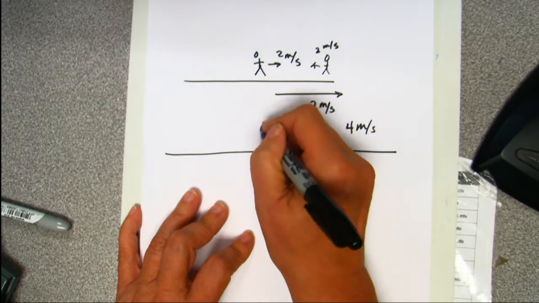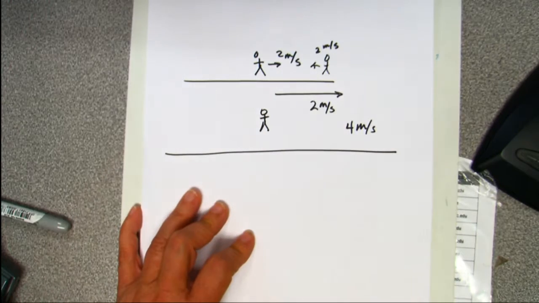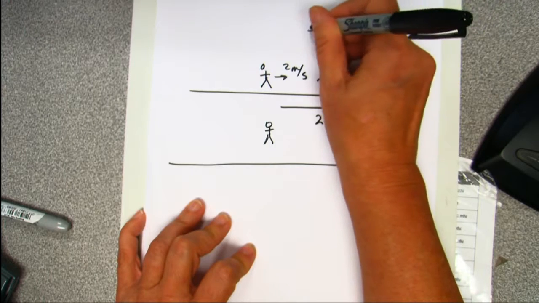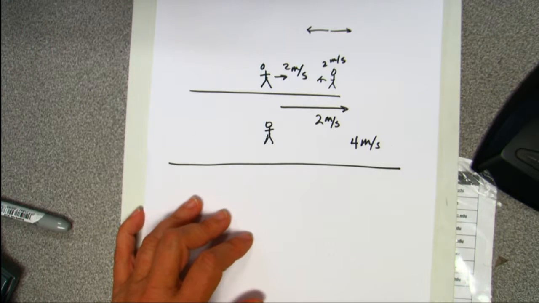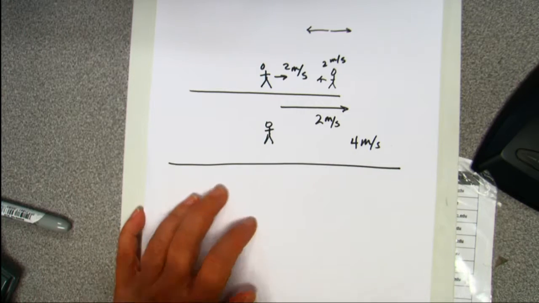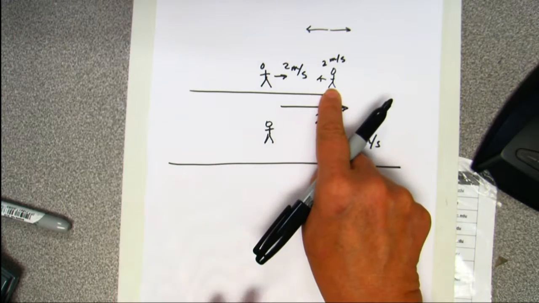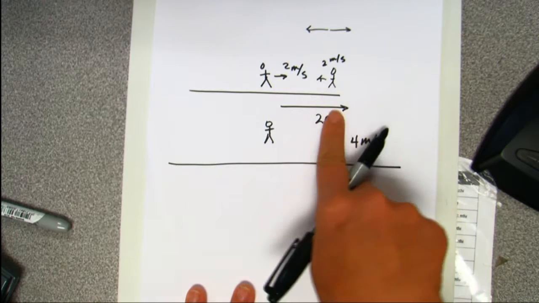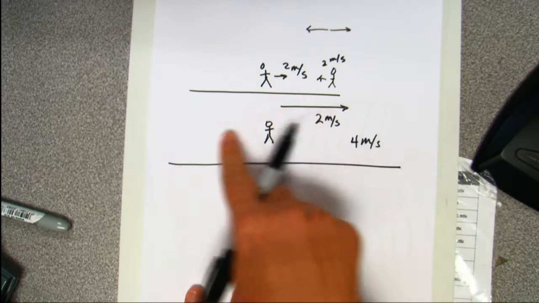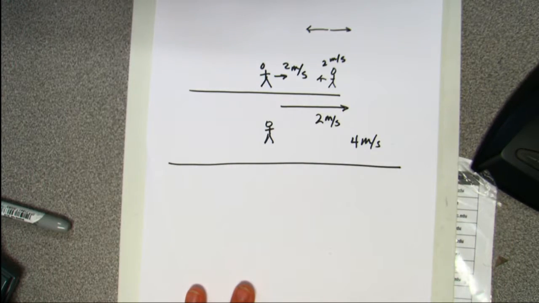To the person standing out here in the breezeway, I look like I'm not going anywhere, because I'm walking at the same speed the moving sidewalk is going, and those two vectors are canceling each other out. In terms of relative motion, I'm not changing my position. But if I'm talking about what I'm actually doing, I'm actually moving at 2 meters per second, but my sidewalk's moving the other direction, so I'm not moving anywhere.